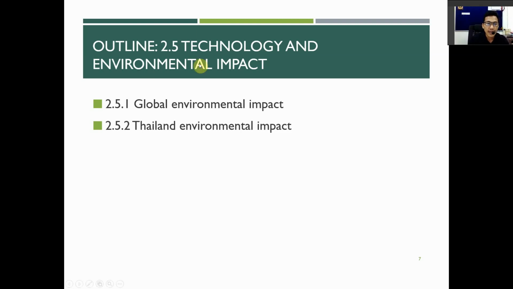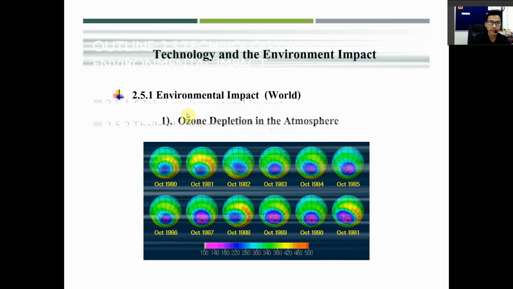In this topic, we have two parts: global environmental impact and Thailand environmental impact. I will focus more on global environmental impact.